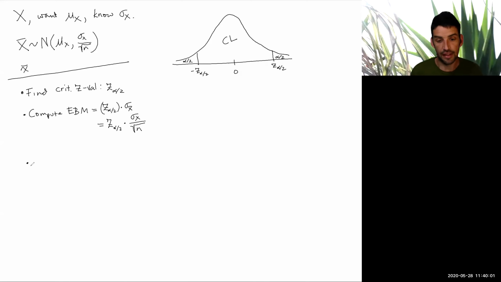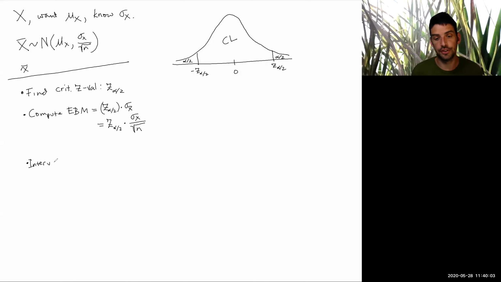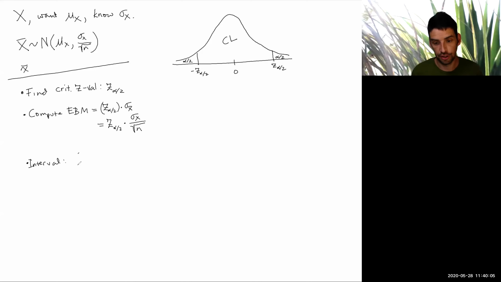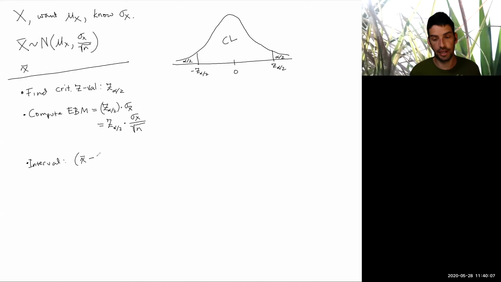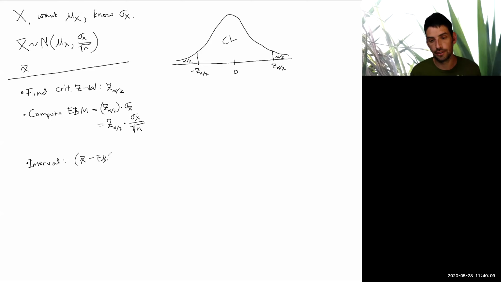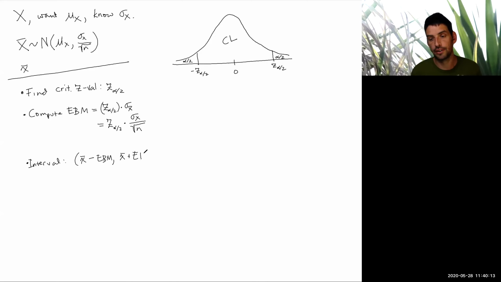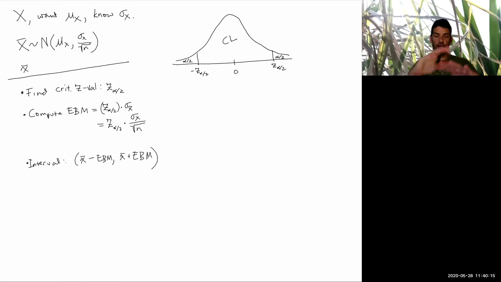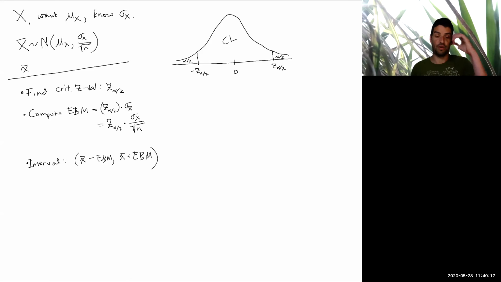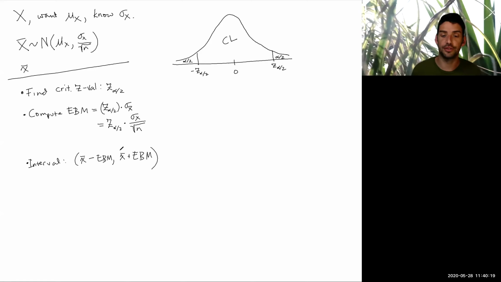Okay. And then from there, your interval is just x bar minus the error, x bar plus the error. Okay. That's what all of this boils down to, right?